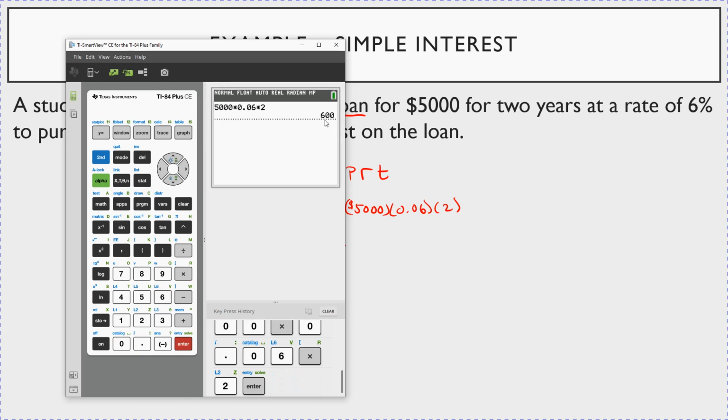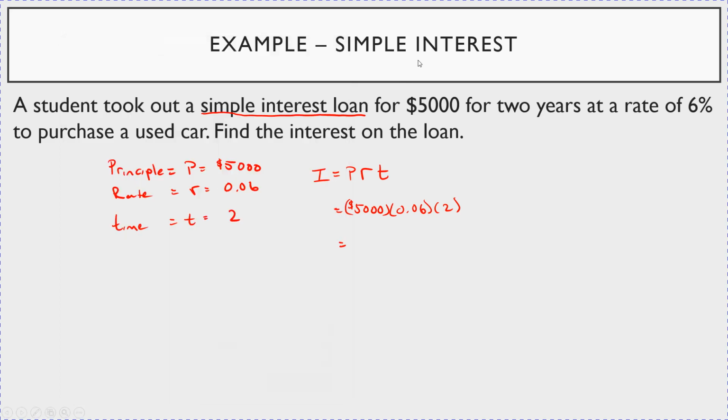So that student is going to have to pay $600 in interest to borrow this money. So the interest after 2 years was $600. All right, not too bad. Hopefully the student likes the car that they got.